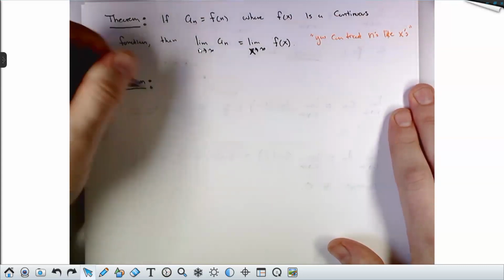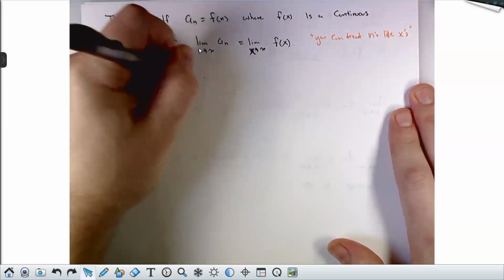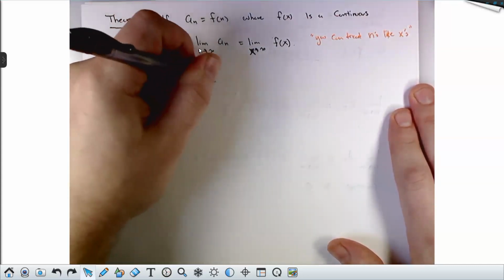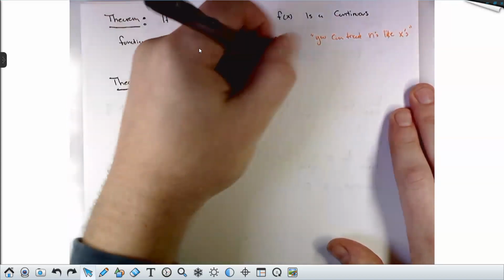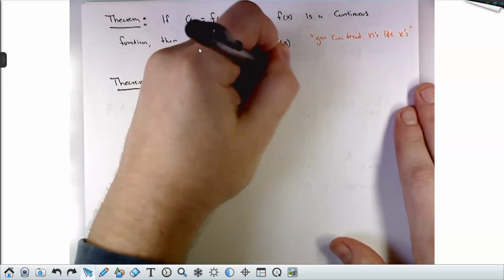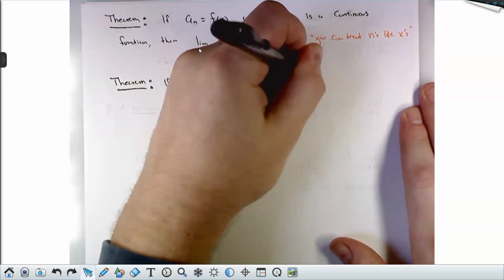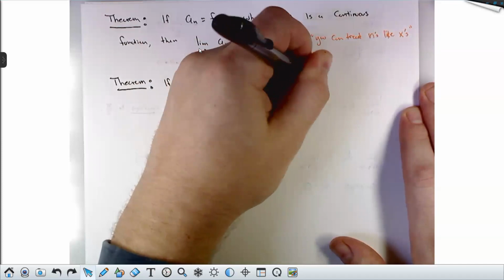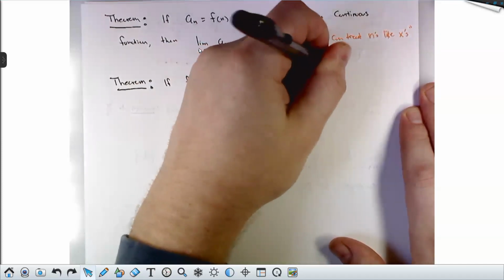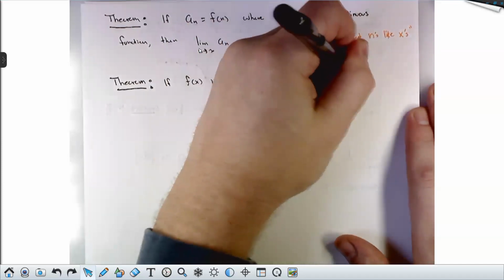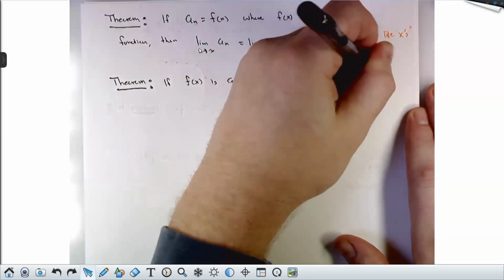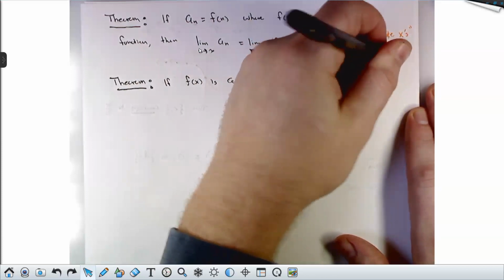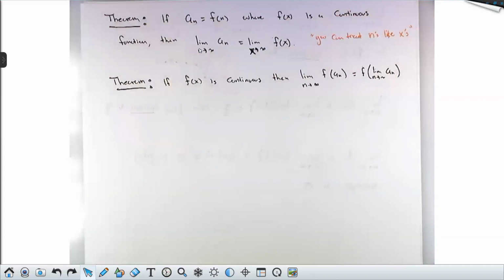This next theorem says if f of x is continuous, then the limit as n goes to infinity of f of an is equal to f of the limit as n goes to infinity of an. In other words, like sine of 1 over n.